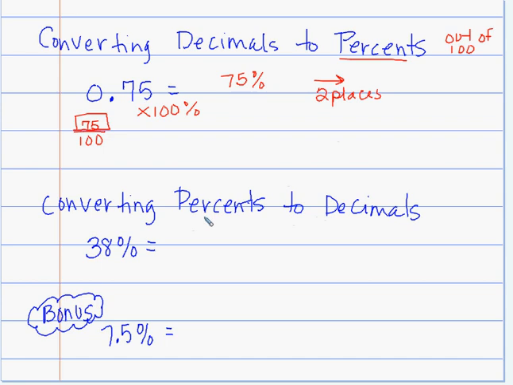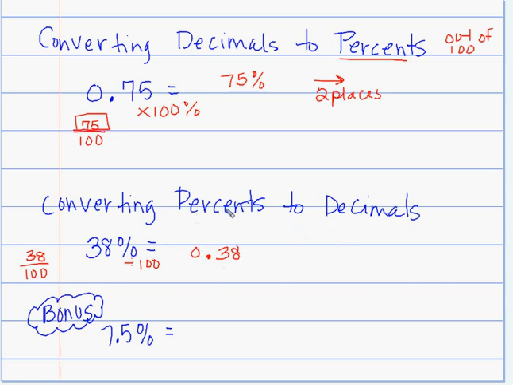Converting percents to decimals, in order to get rid of that percent sign, we need to divide by 100. So remember up here we talked about how we could write that as a fraction, so it's really 38 out of 100. And then I know that that is the same thing as 0.38.